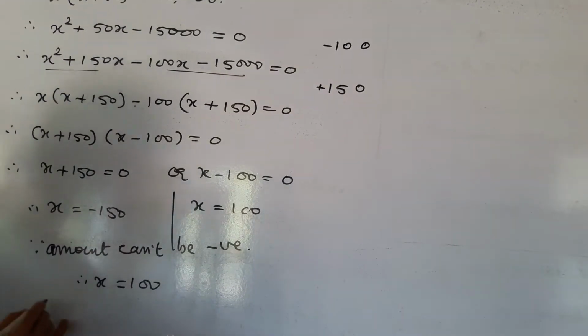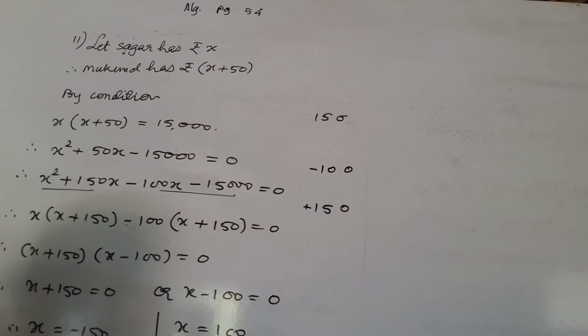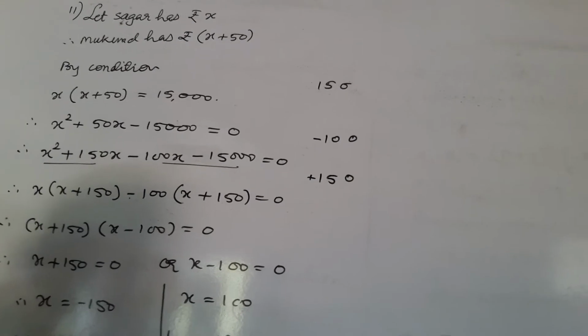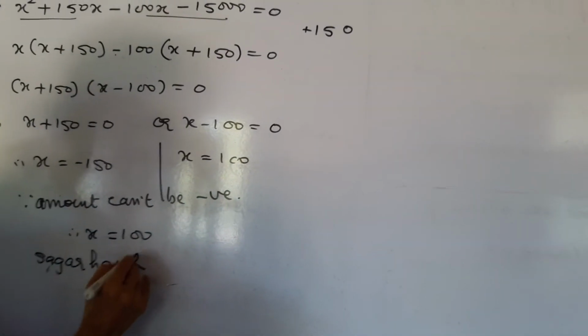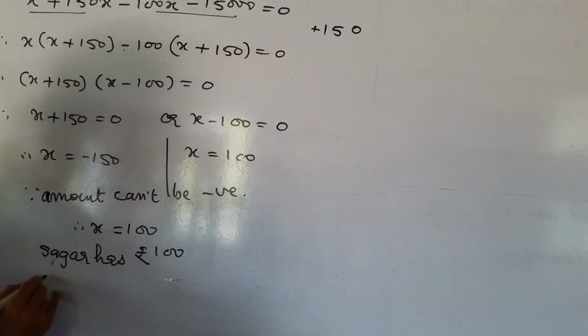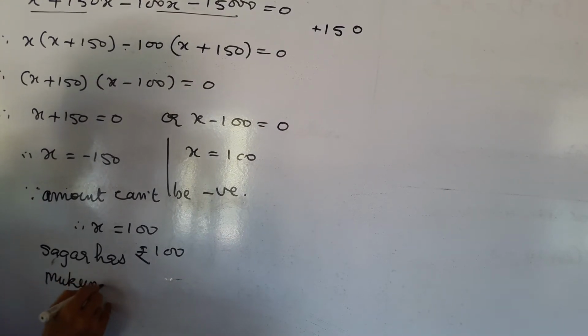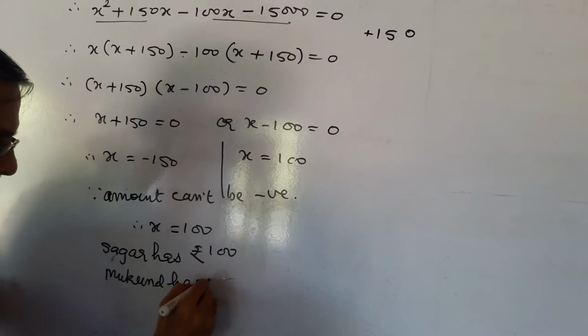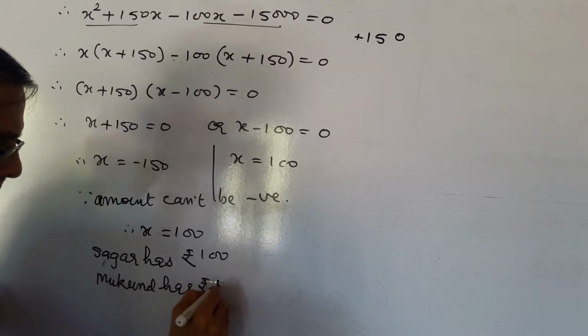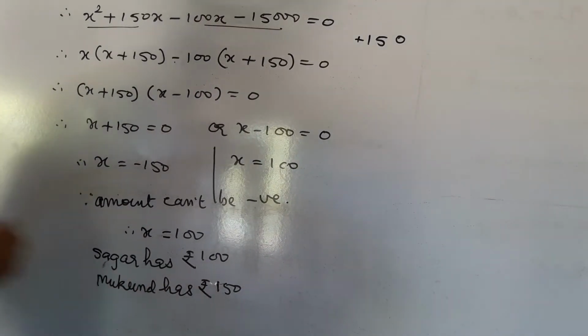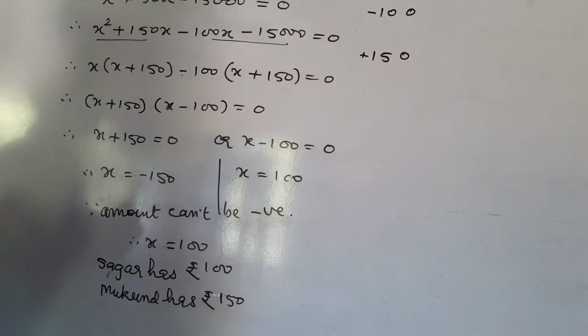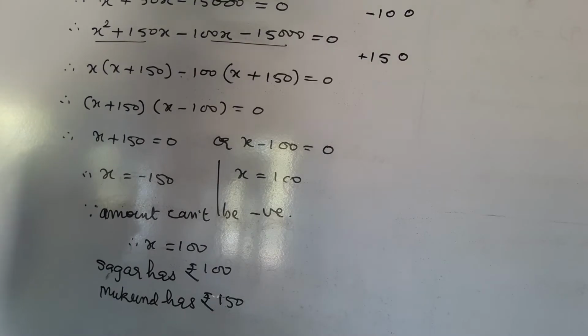So you write the answer: Sagar has rupees 100, and Mukund has rupees 150. So again you find the difference is 50 and the product is 15,000. Copy this.